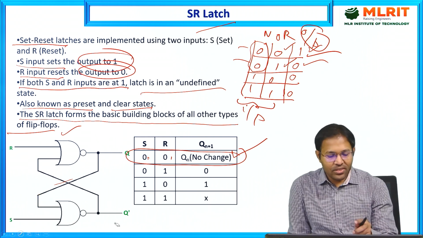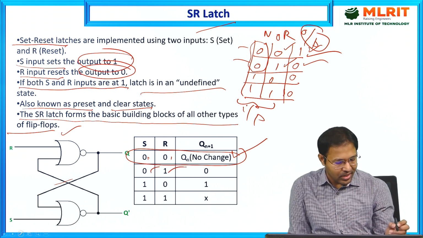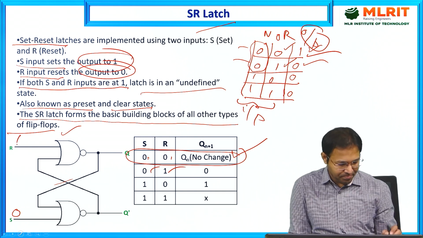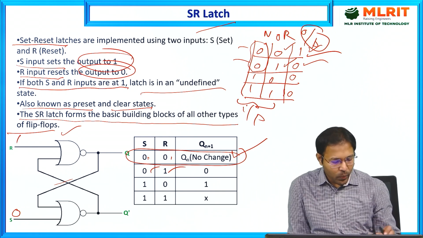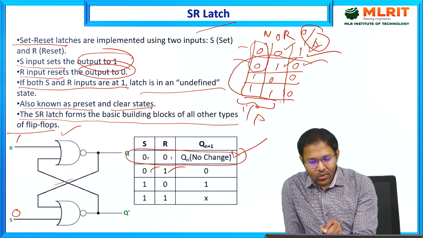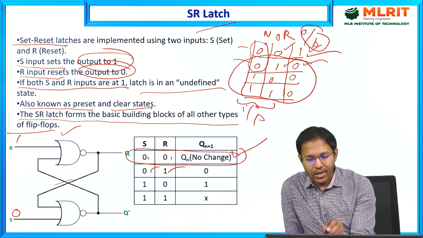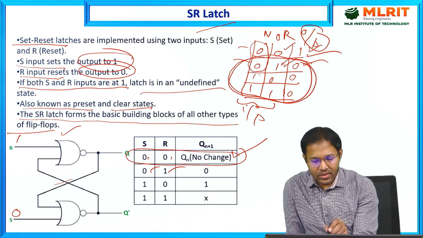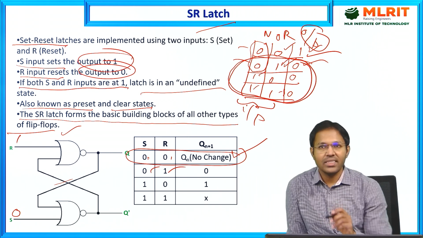What about the case of 0, 1? So, when we give 0 here and 1 here, when any of the inputs is 1, by looking at this truth table, the last 3 rows, the output is actually 0.